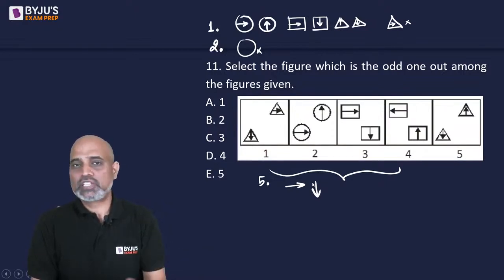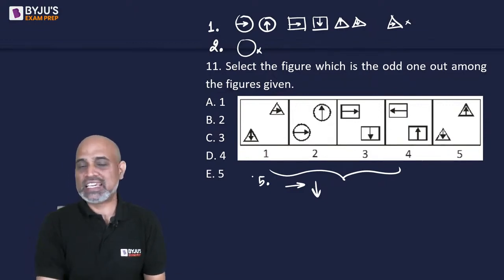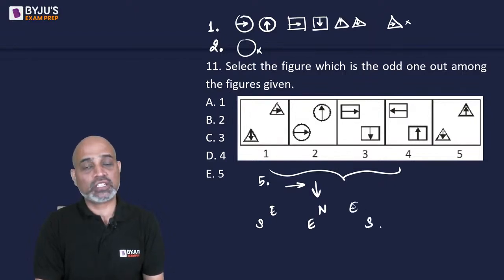See, the arrows, they do not have some specific direction, right? It's moving east and south in the first one. It's moving north and east in the second figure. It's moving east and south in the third figure.